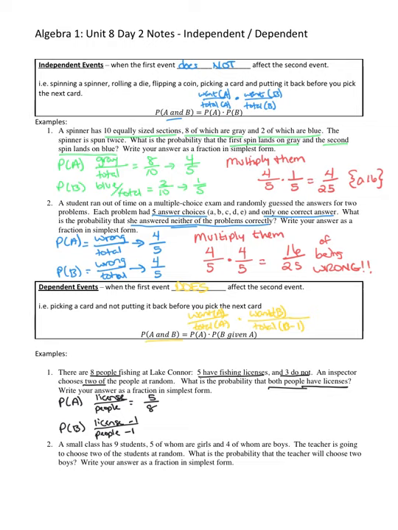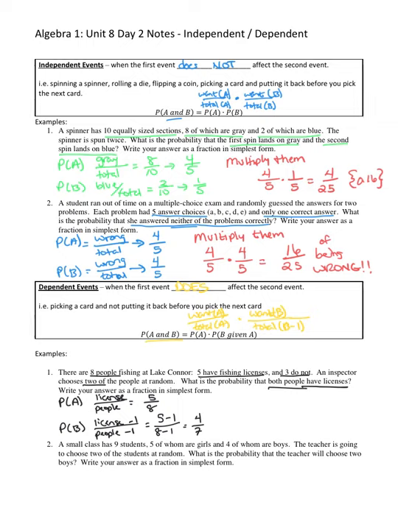We assume that when the first person is chosen, that first person meets the requirement. So this would be 5 minus 1 over 8 minus 1, 4 over 7. Because once the inspector chooses the first person, there are 7 people left in the group, 4 of which have licenses.